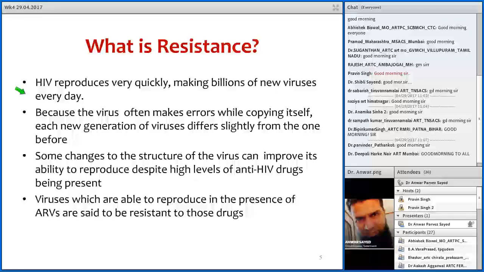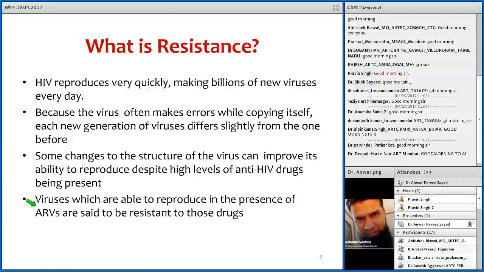So the generations after one generation will not be exactly the same as the previous generations were. There will be a slight difference in the structure of the virus, and when this happens repeatedly, there is a chance that there will be a mutation, or a new form of virus will be developed.